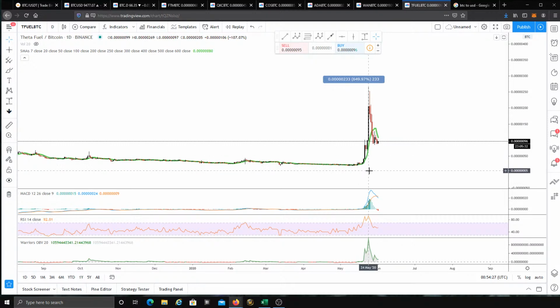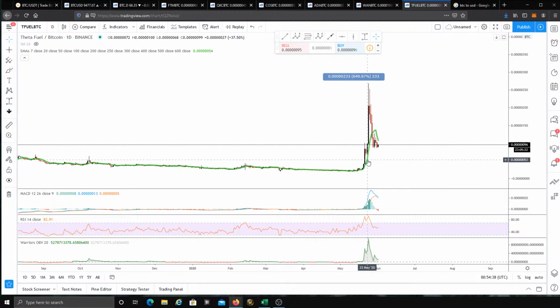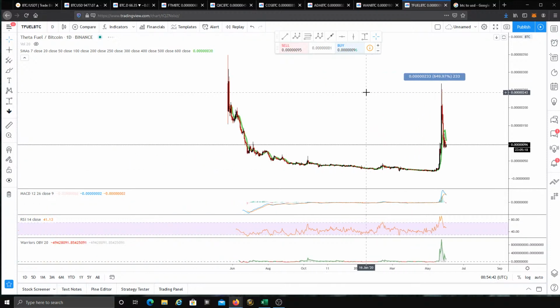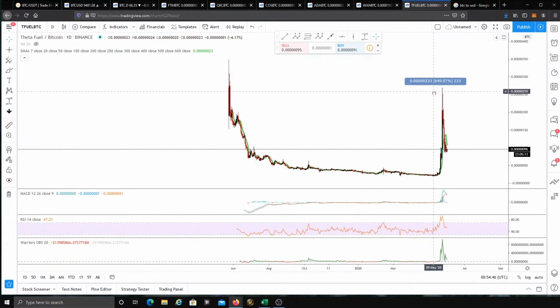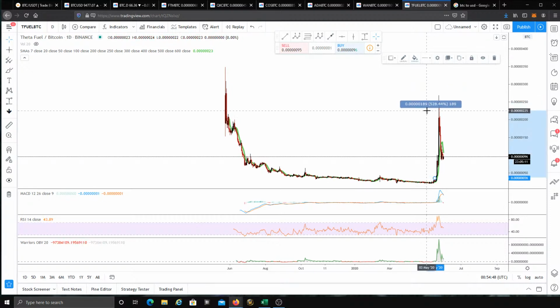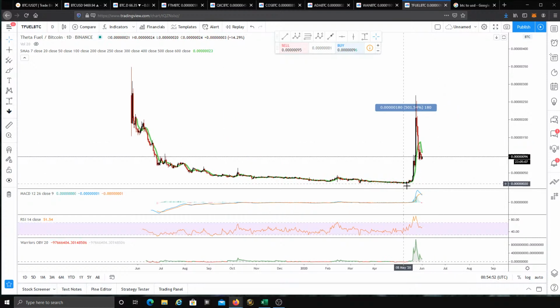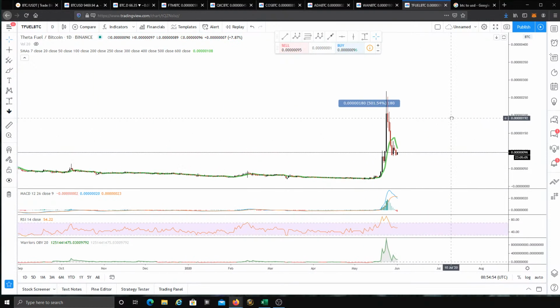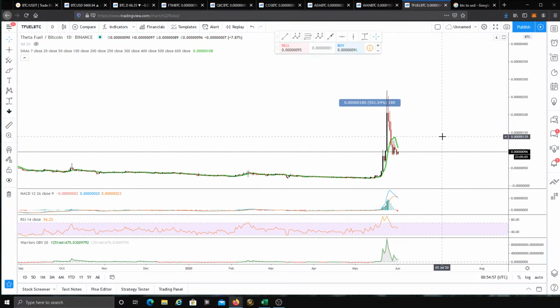So let's say you had even $1,000 in this play at 4x. I'm not even sure if you can do 4x, maybe even 3x. Let's say you had $1,000 in here at 3x, and you sold even up here for a 500% gain, because that pump was quick. That was a huge pump, and it happened fast.